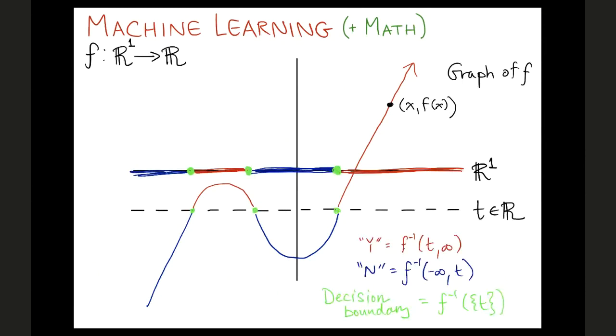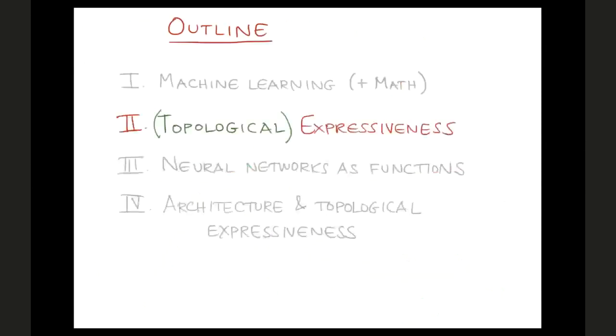That tells you that this red region in the domain is the yes region, the blue region is the no region, and the green is the decision boundary. Okay, so again, these are just toy examples.